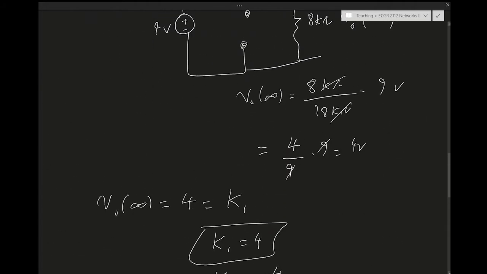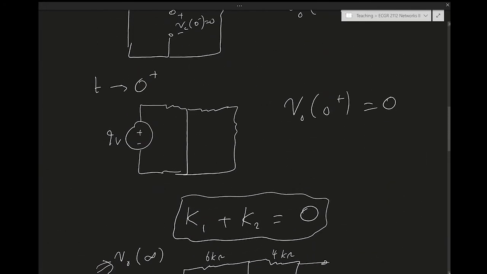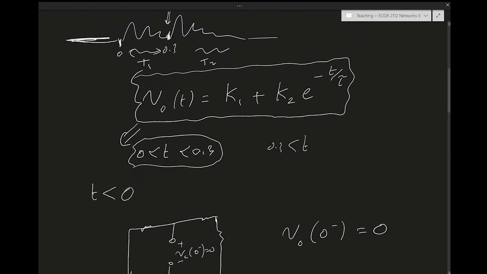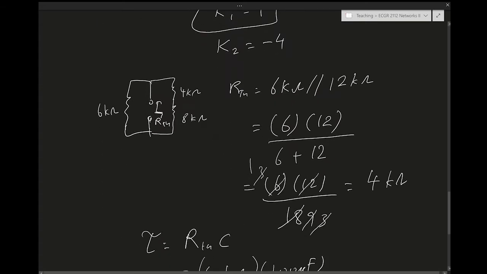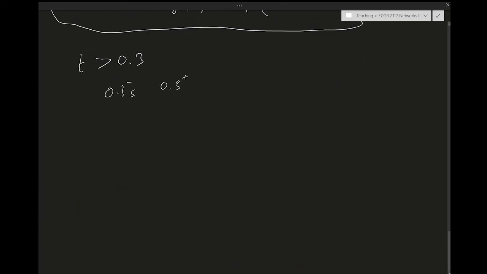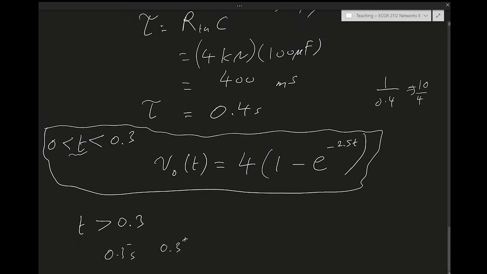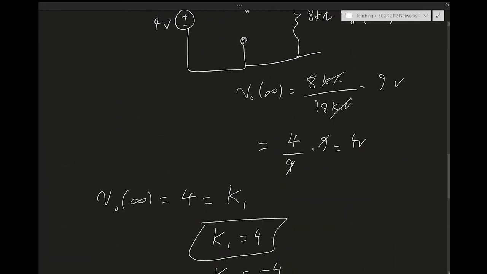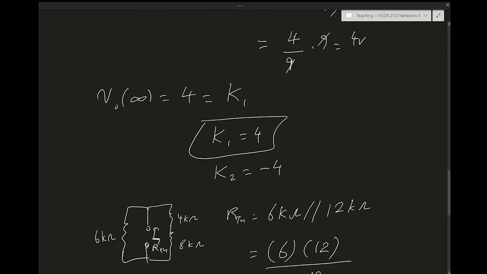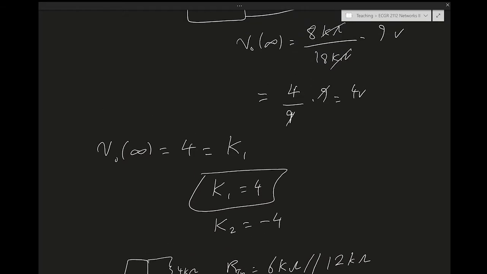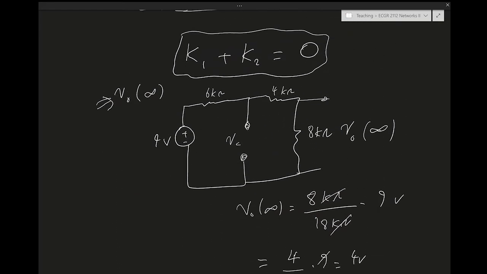Can we calculate VC from calculating VO? Yes, we can, right? It's a voltage divider, right? So let's look at the circuit. Let me show you the circuit, right? This is VC, here's where the capacitor stands. VO is always gonna relate to VC by the voltage divider rule, because there's these two resistors in series, right?